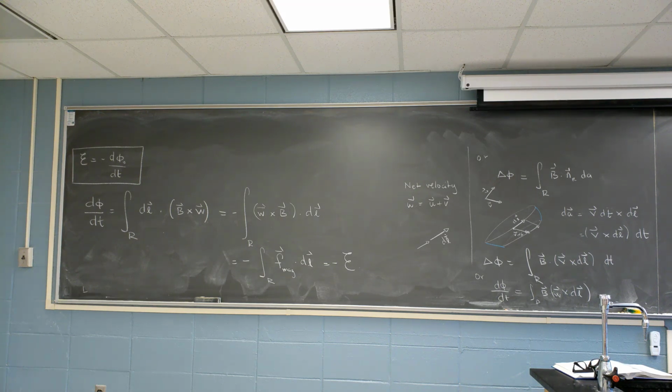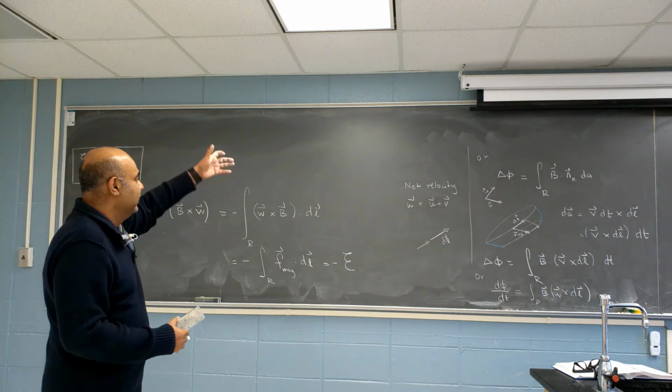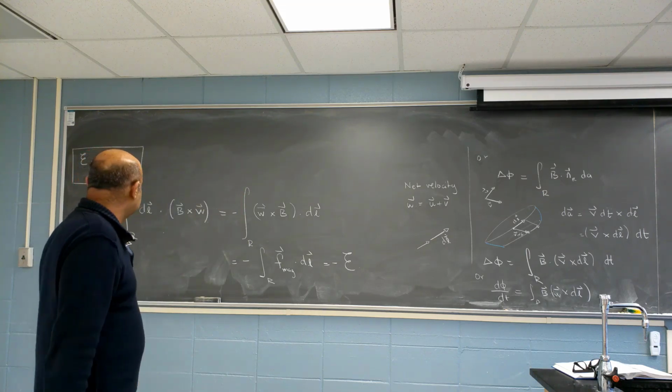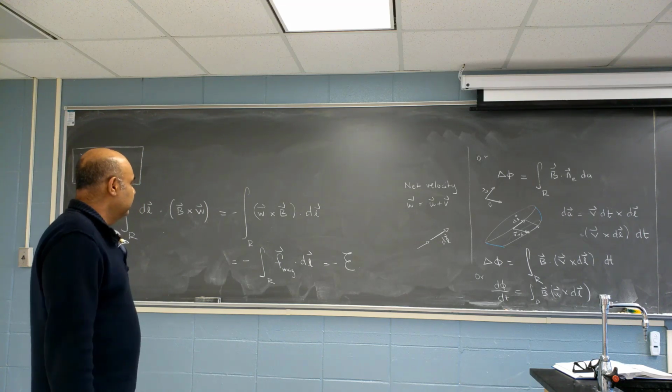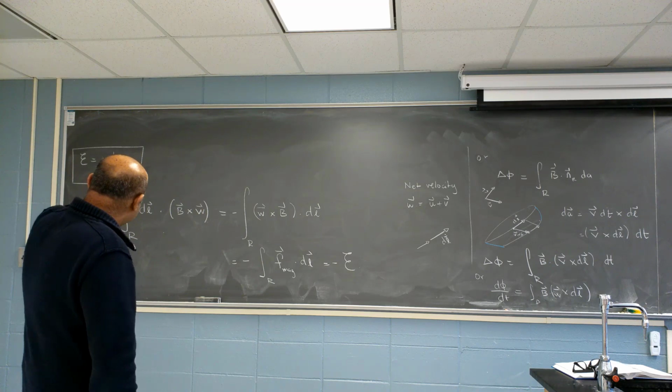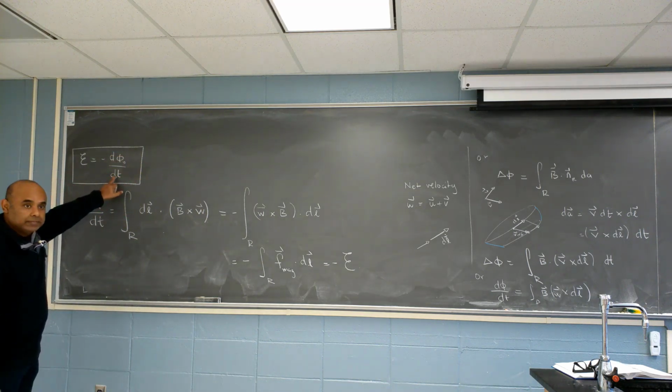Whenever a loop goes through a magnetic field, or a magnetic field changes along it, there's a change in the amount of magnetic flux. Whenever that happens, and there's a time rate of change, then it induces an EMF.